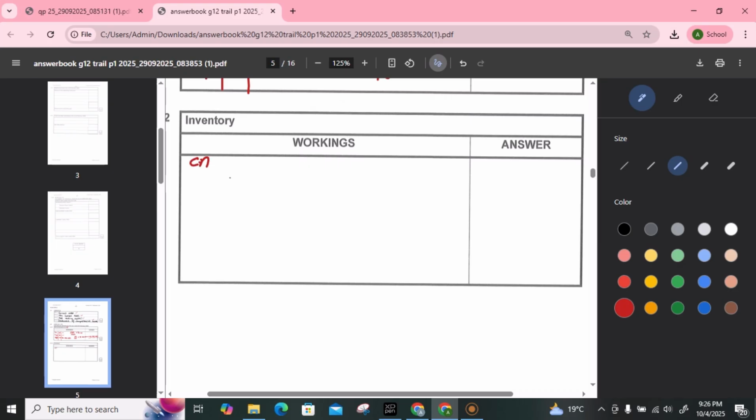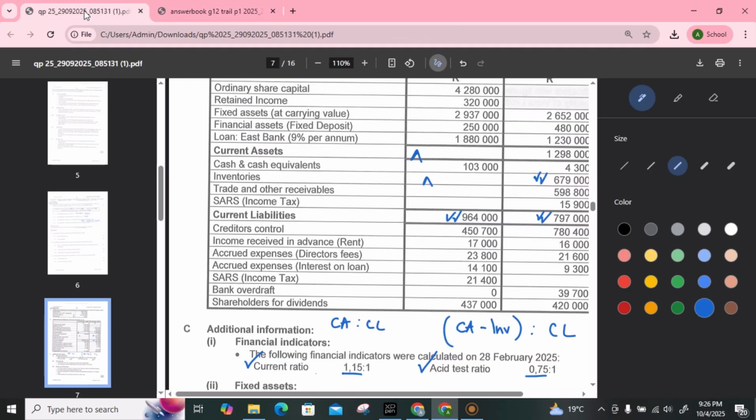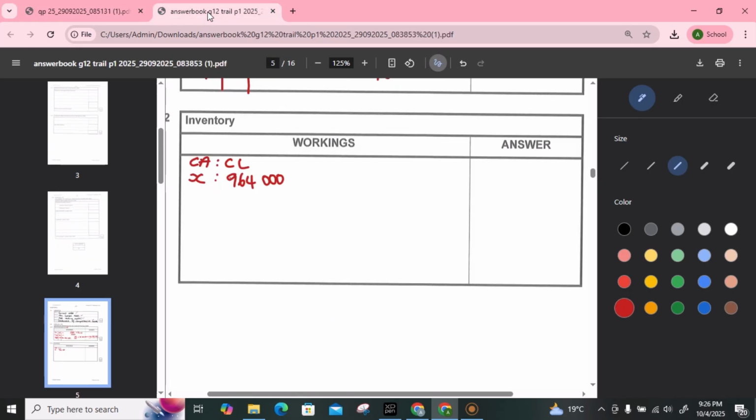If current assets as to current liabilities were applied, it means here we had X amount we don't know, but the figure for current liabilities we know, and that will be 964,000. This was applied, and the answer that we got from this application is 1,15 is to 1.